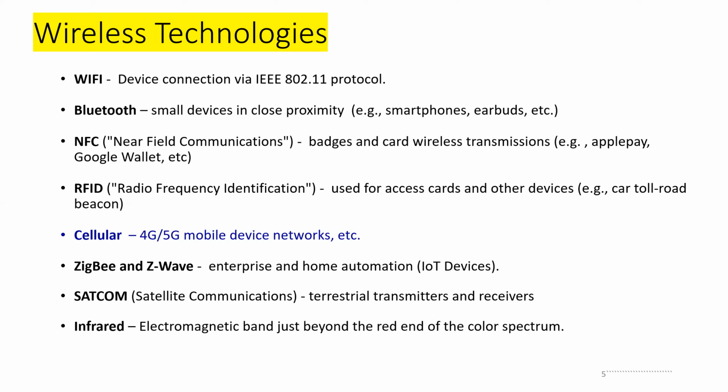Okay. And then SATCOM, we're not going to get into that. That's interterrestrial satellites, very much government and defense focused. And then infrared is a way to also communicate over radio waves. So our focus is on Wi-Fi. I'll include in that Bluetooth and cell phones.